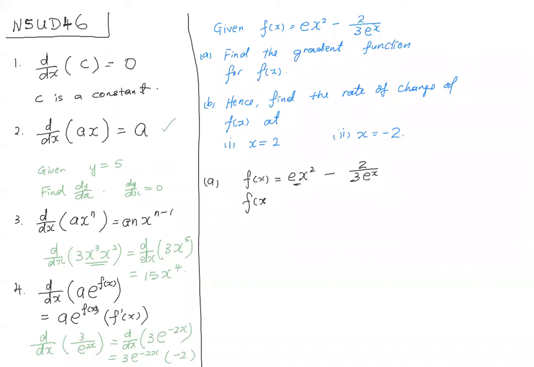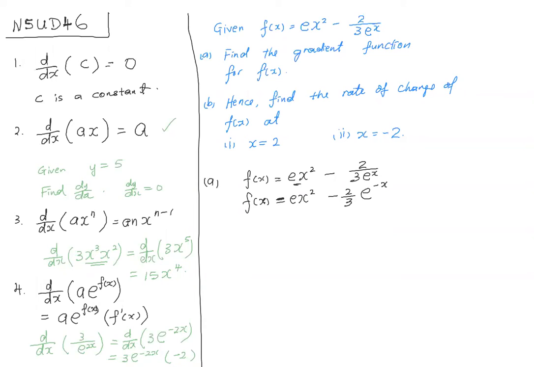The second one, the 2 over 3e. How to rewrite this? e to the power of negative x. Yeah, that is the way to write. Am I right?